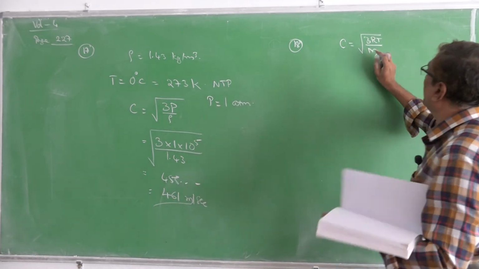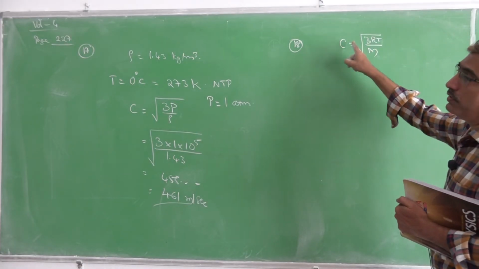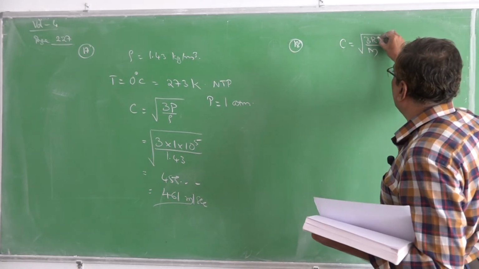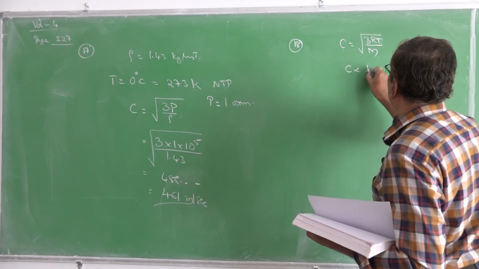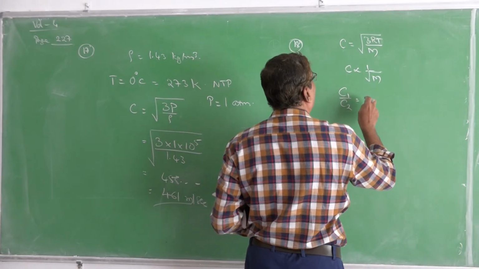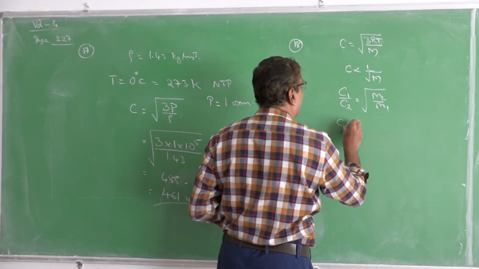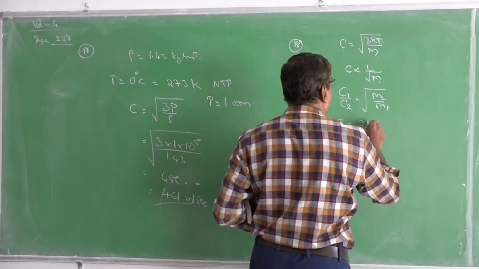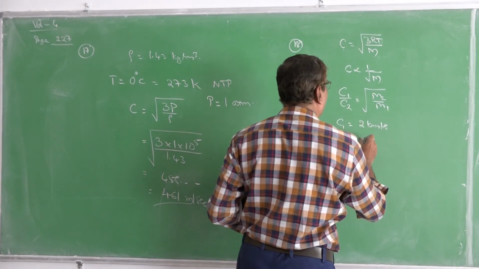Now here in this problem, as temperature is constant but instead of hydrogen we have to calculate for oxygen. So as T is constant, R is also a constant, C is inversely proportional to root of molecular weight. So C1 by C2 is equal to square root of M2 by M1. Given the hydrogen molecule C1 is 2 km per second and calculate C2.